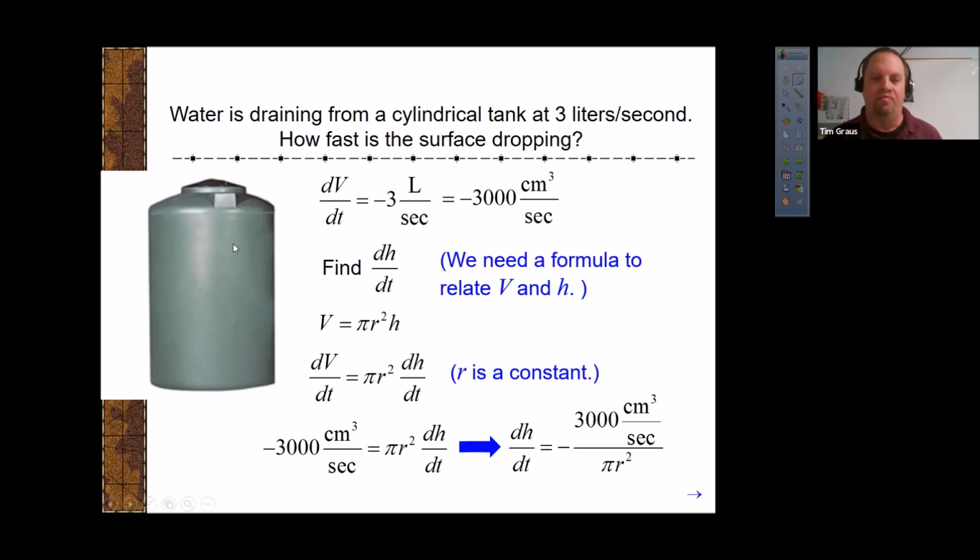So the rate at which the height drops is actually going to be dependent on the radius of the cylinder. If this cylinder is very thin, that height is going to drop quickly. If this radius is very large, the height is going to drop more slowly.